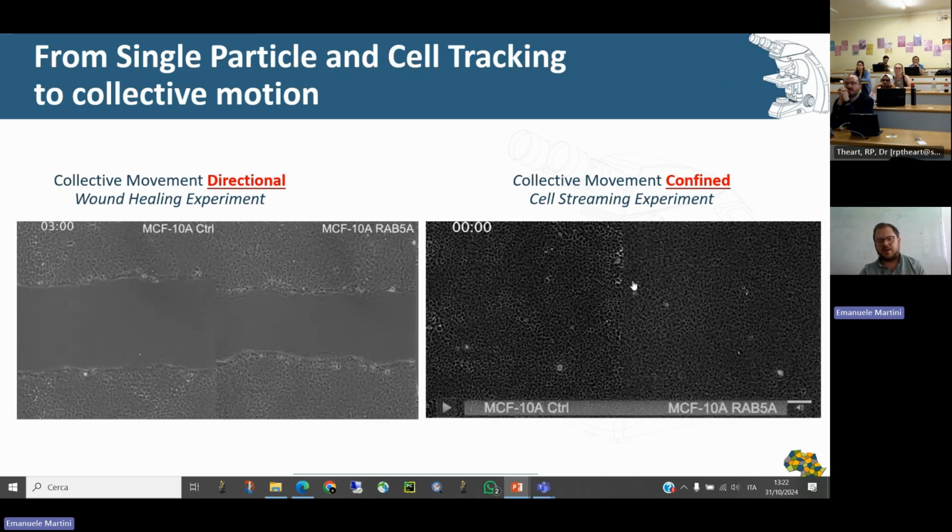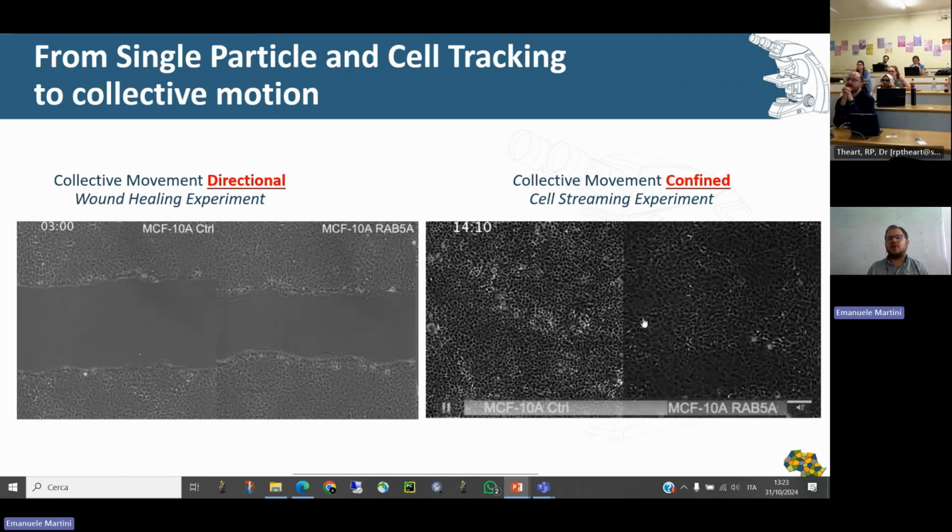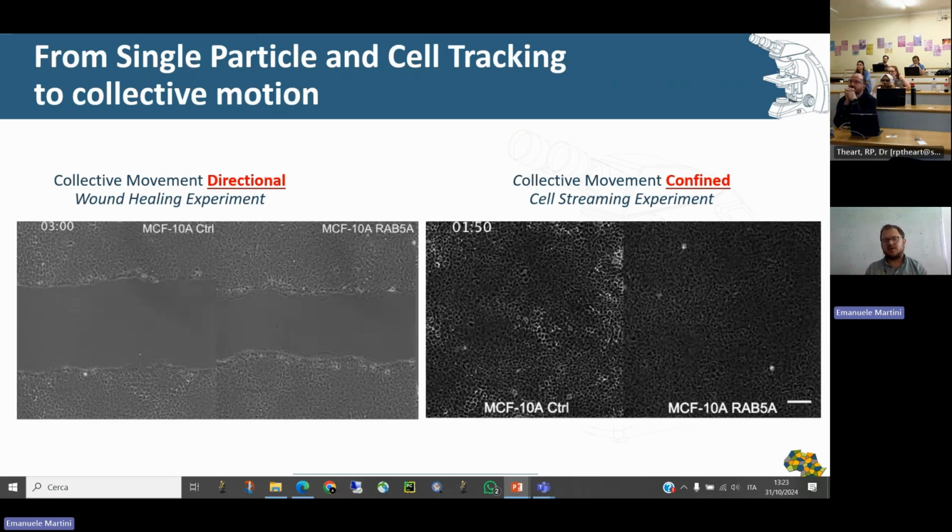The other one is the confined movement, usually referred to as a cell streaming experiment, while the first is usually referred to as a wounding experiment. You grow the cells at a certain density and then just let them go and see how they move. Here you are not imposing a direction on the movement.